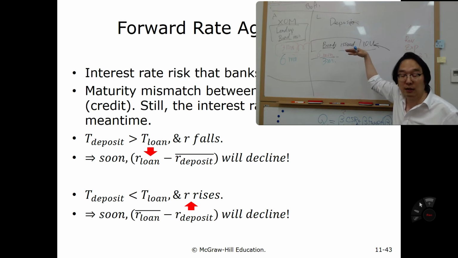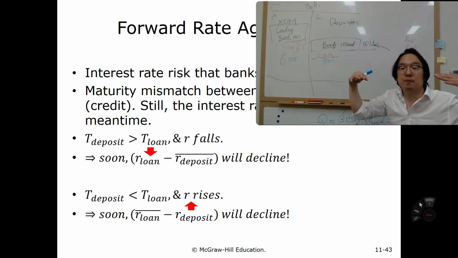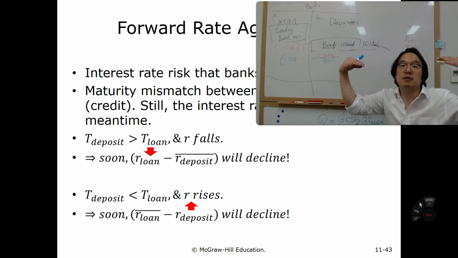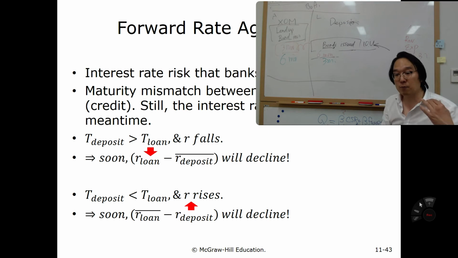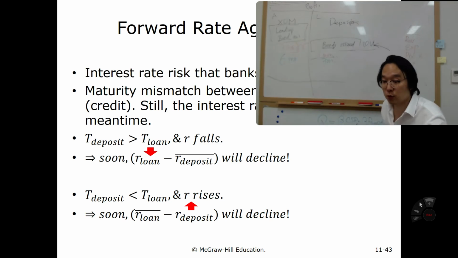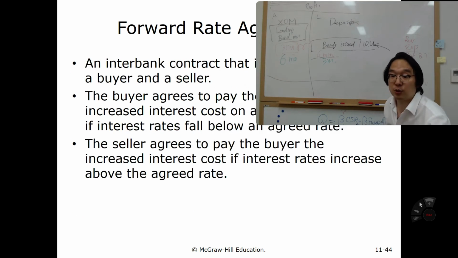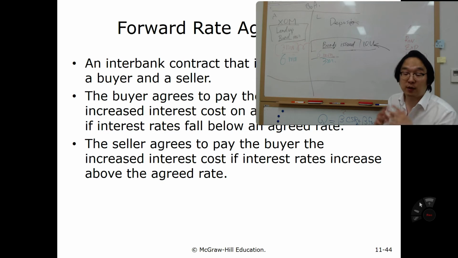Oh my God, you're squeezed again. This time your cost rises. So your profitability, your loan spread, will decline. So you will have to manage your interest rate risk in respective situations.